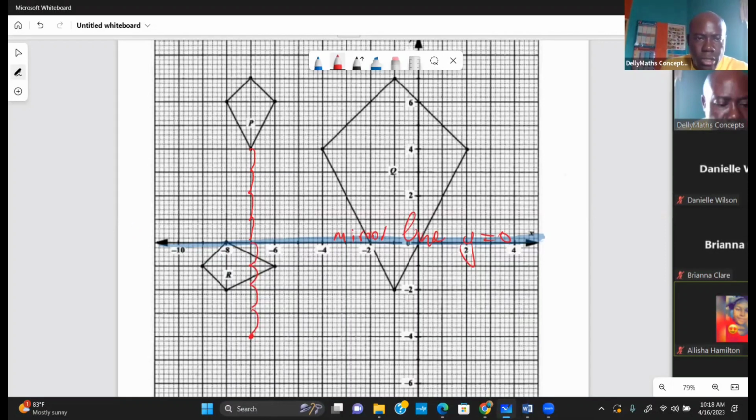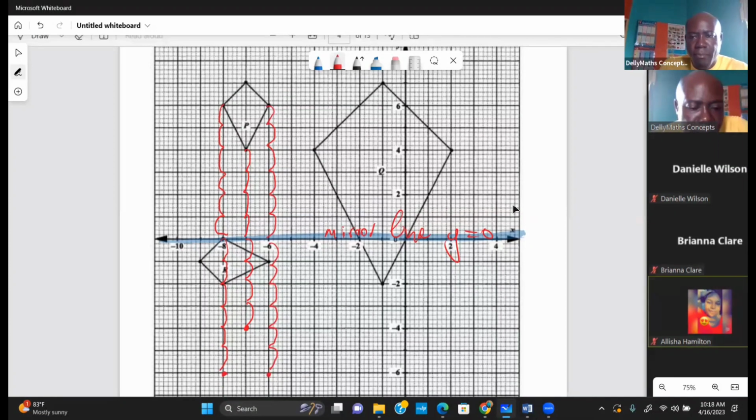This point, count 1, 2, 3, 4, 5, 6. It's going to fall 6 underneath it. It's falling right here. This point is a reflection. It's going to land here.